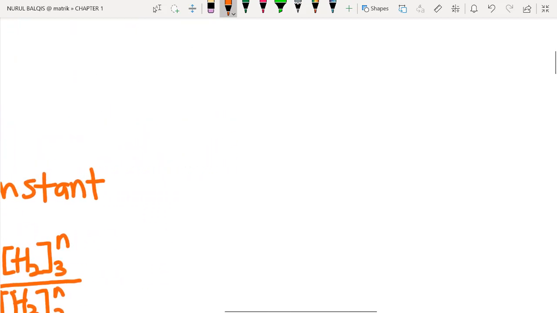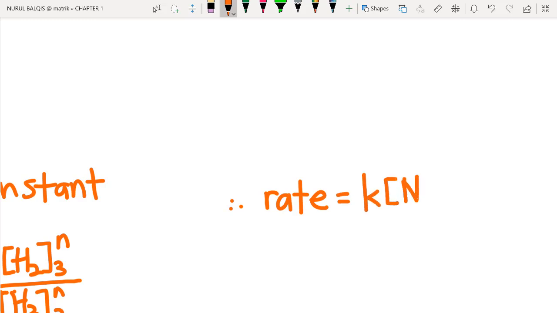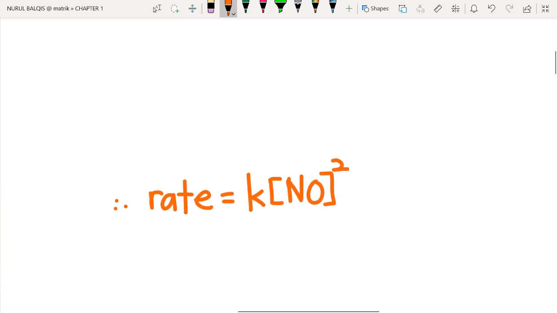So lastly, you should write rate is equal to concentrations of NO to the power of 2, because it is in second order, followed by concentrations of H2 to the power of 1 because it is in first order. So the overall order of reactions is 3.